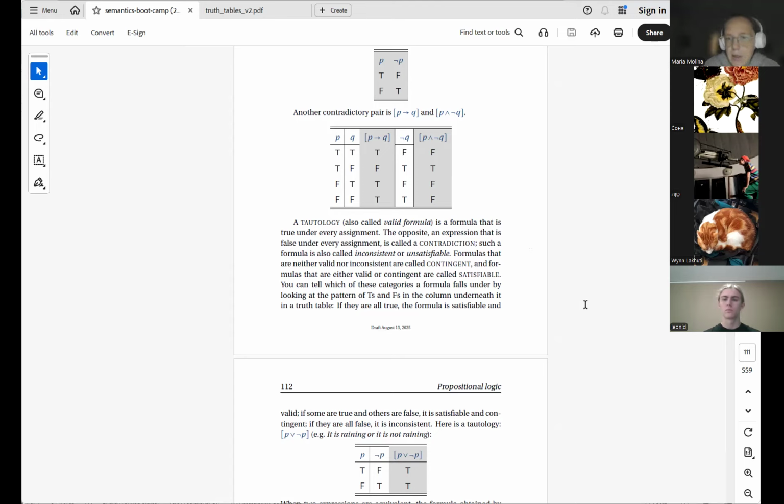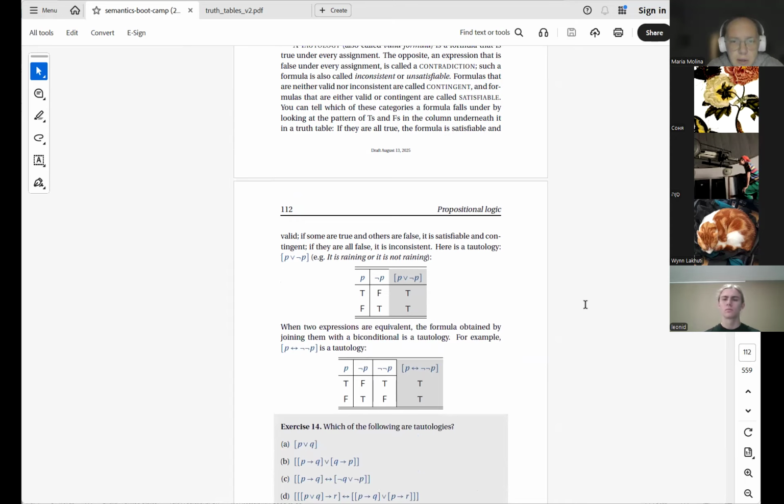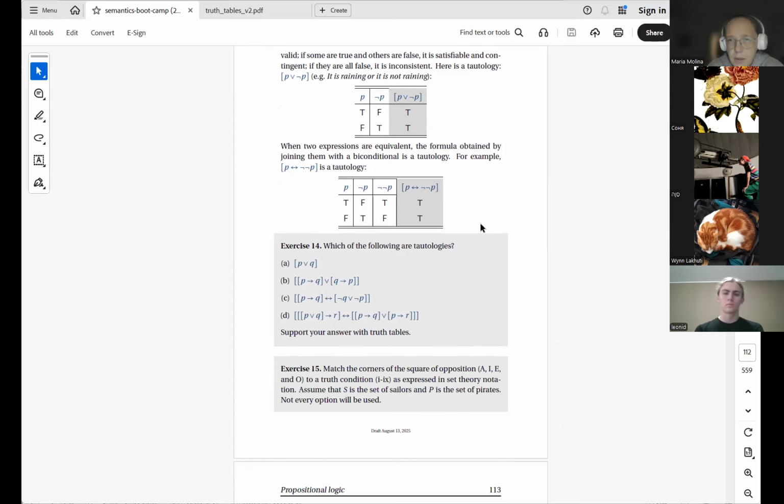It is all about whether we can get the truth value out of the formula or not. So, tautology, we've already seen that: P or not P, tautology.